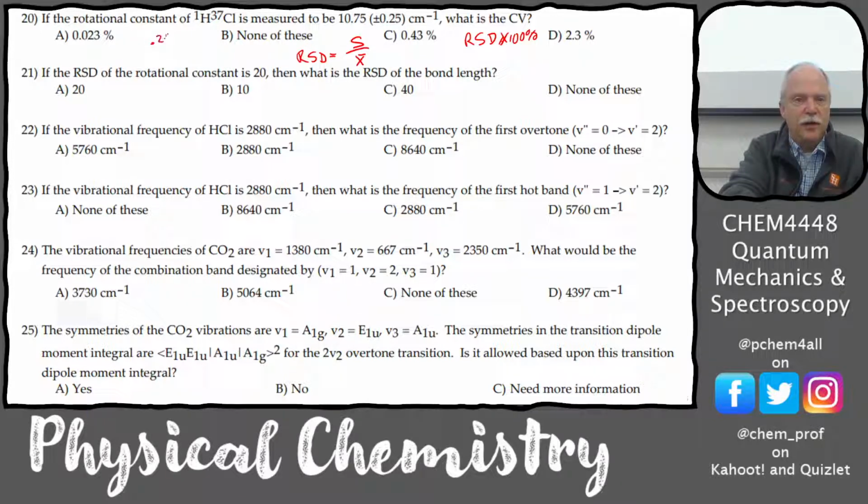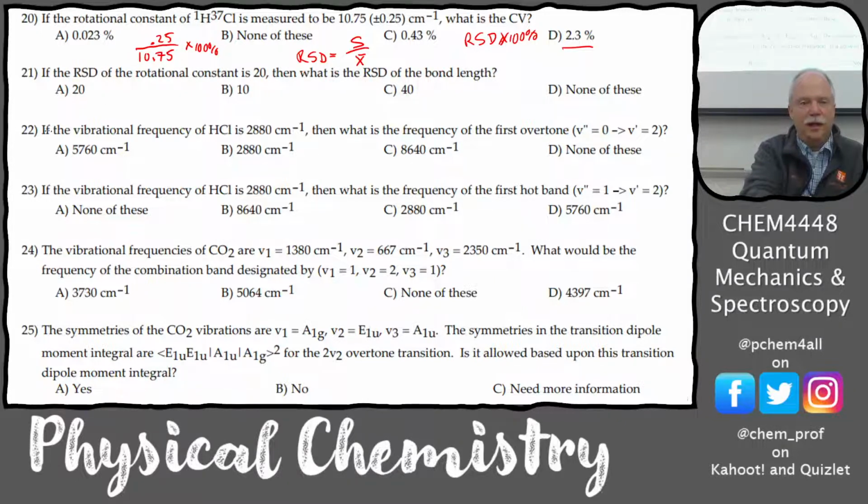So it's 0.25 over 10.75 times 100%. Okay. So it's pretty good because this is already in the third significant digit. 1% would be 0.1, and so it's about 2.5 times that. So it's about 2.3%.